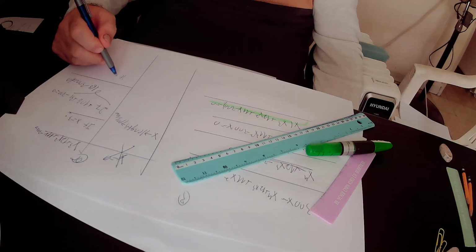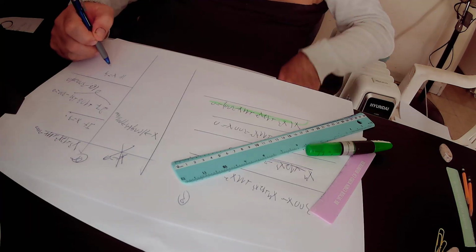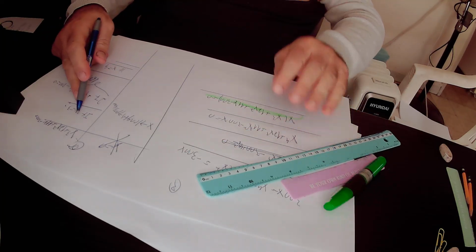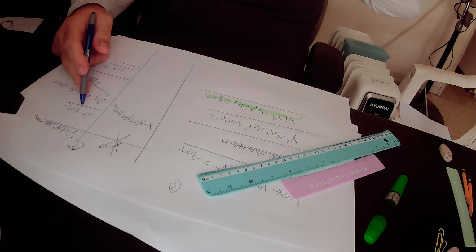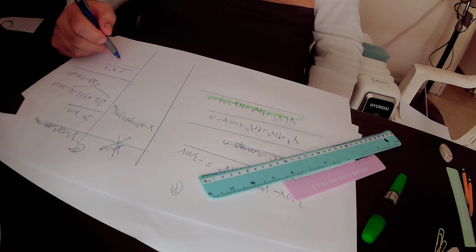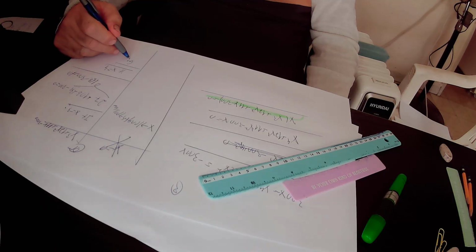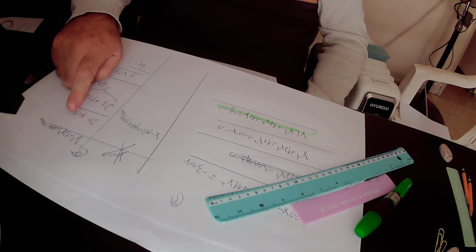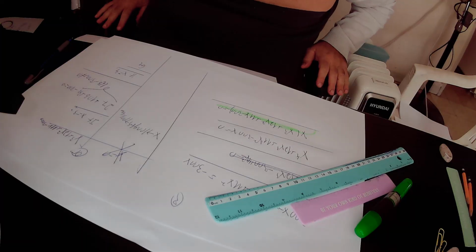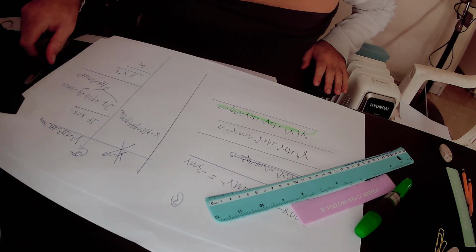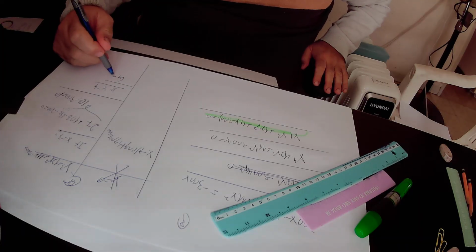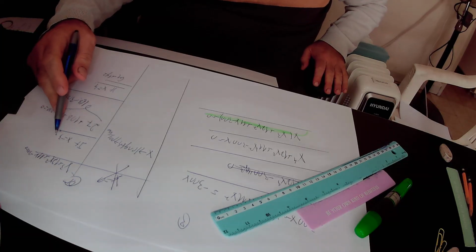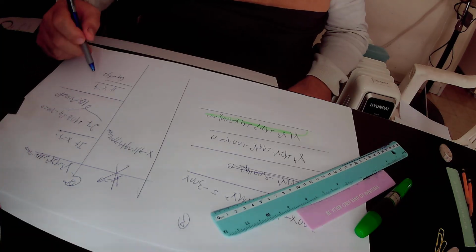If x equals 4, then x cubed equals 4 cubed, that is 4 times 4 times 4, which is actually 64. And we have also 12x squared. x is 4, so x squared is 4 squared, that is 16, and 16 times 12 is 192. We have plus 11x. x is 4, so 11x is 11 times 4, that is 44.